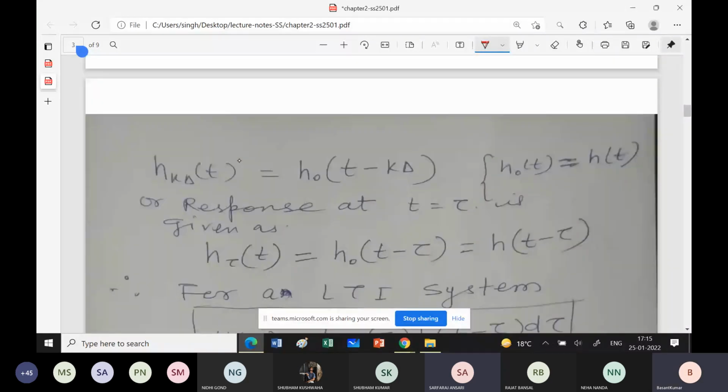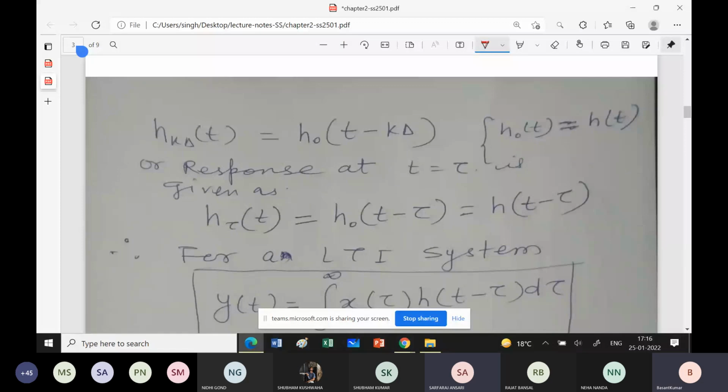So if it is a time invariant system, this h(k delta t) is nothing but the response that I get at t equal to 0, and the same response is shifted to t equal to k delta. So only the delayed version of the response that I receive at t equal to 0. So I'm getting the same response, only the delayed version.